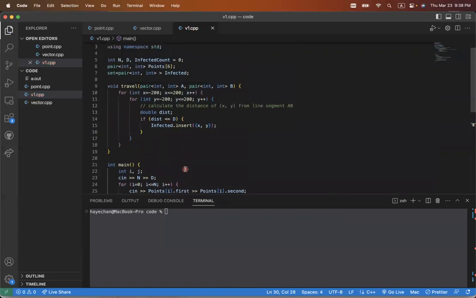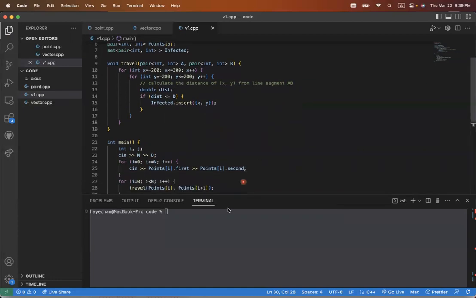Okay, so we've gone a long way in this solution because this solution has everything except for the calculation of the distance of xy to the line segment AB. And so that's all we need to do. And so now let's go do some algebra. Okay.